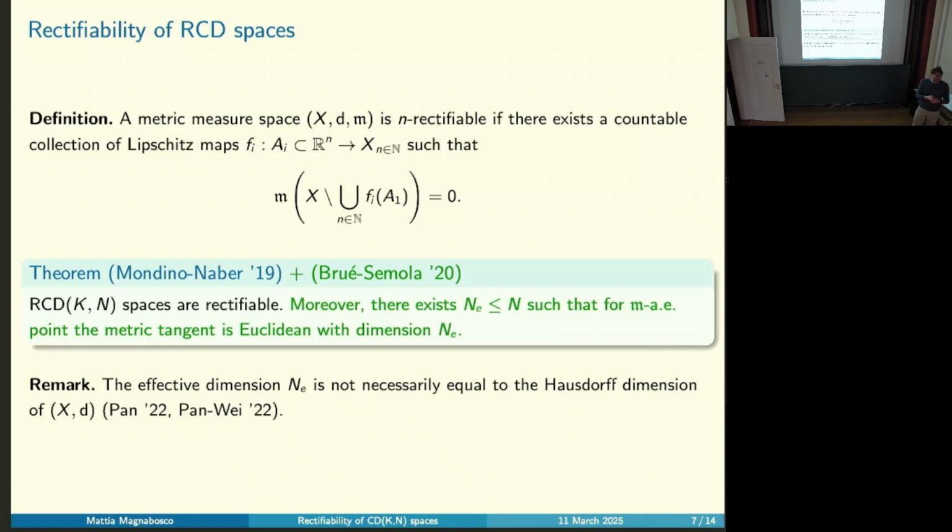No, so this I understand, but just so that your maps, so that your subsets, so that your maps Fi, so usually if you have an n-rectifiable set, then these maps Fi, you can use them to be bi-Lipschitz. Yes. So indeed, actually, this theorem is not exactly this sentence here. It's more detailed. There is a stratification, and in every stratum you have a bi-Lipschitz map.